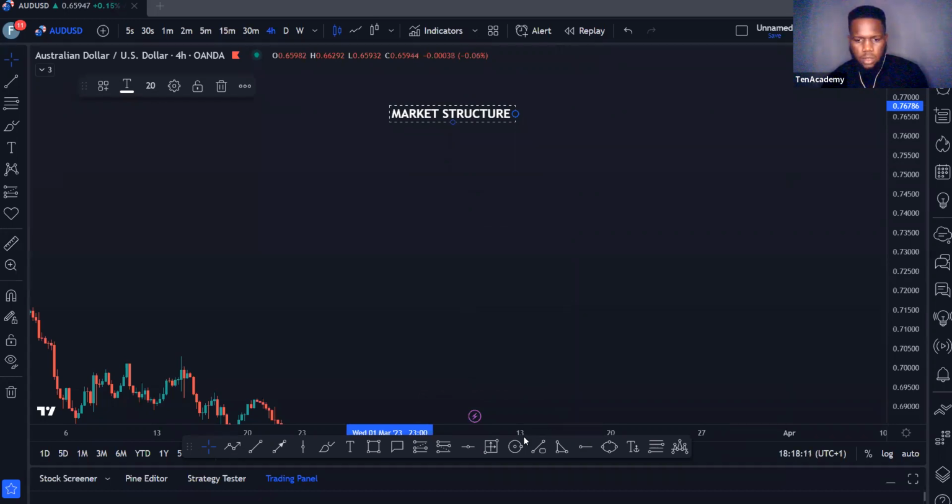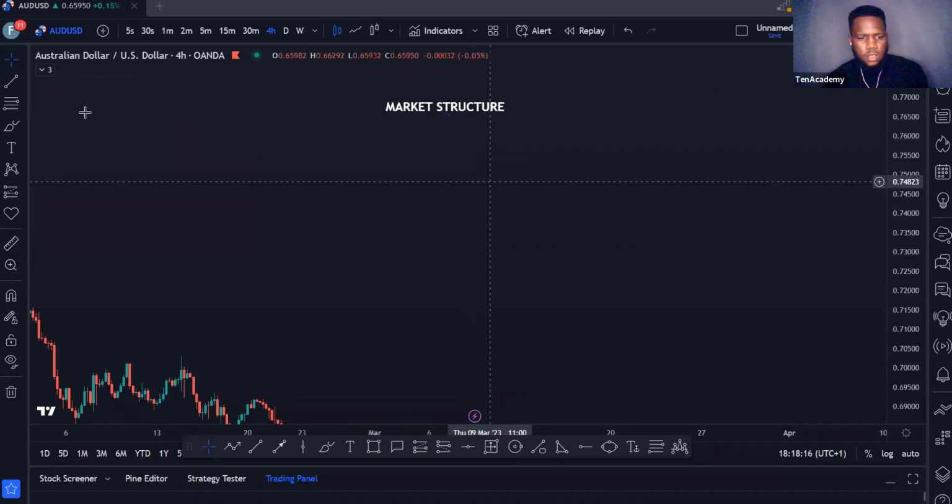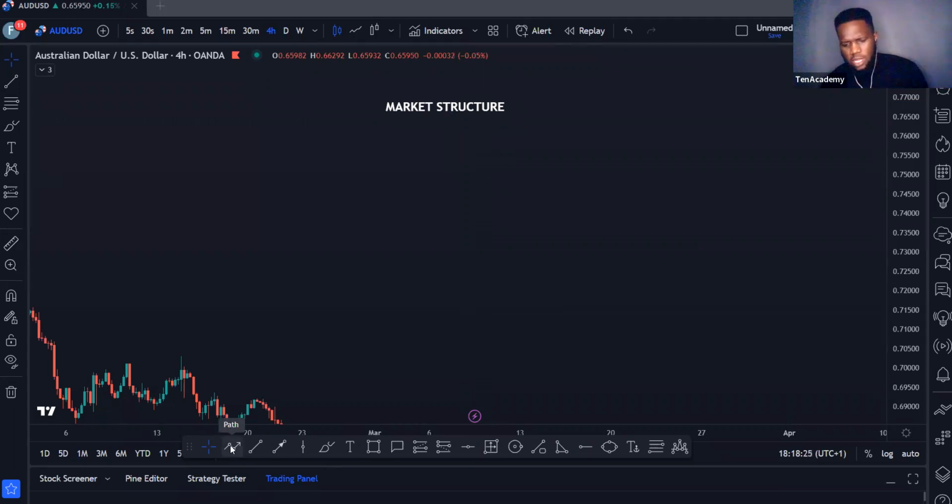So market structure. Everybody here understands the concept of lower highs and lower lows. But before I start, because of what Ambrose is doing, let me do a quick poll. How many of us know why we are in this session?